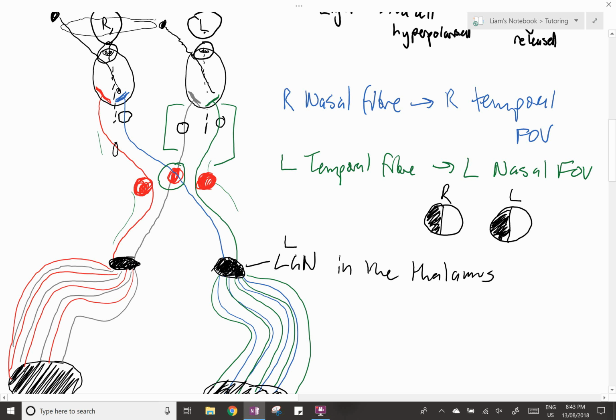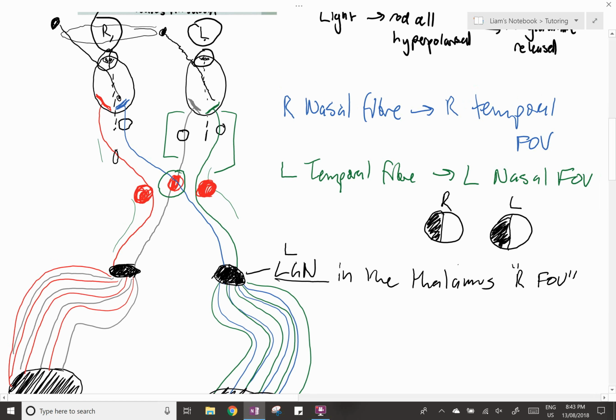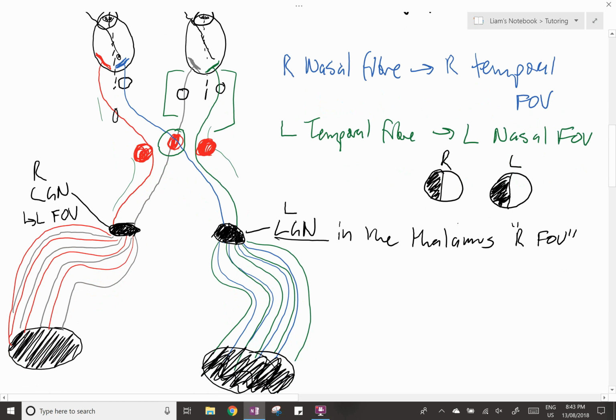So you can see that these would come together to give us our right field of view. Essentially, it's everything that you can see on the right half of both of your eyes. That's processed in the left lateral geniculate nucleus. Likewise, on the right side, the right lateral geniculate nucleus processes the left field of view because of that crossing over.